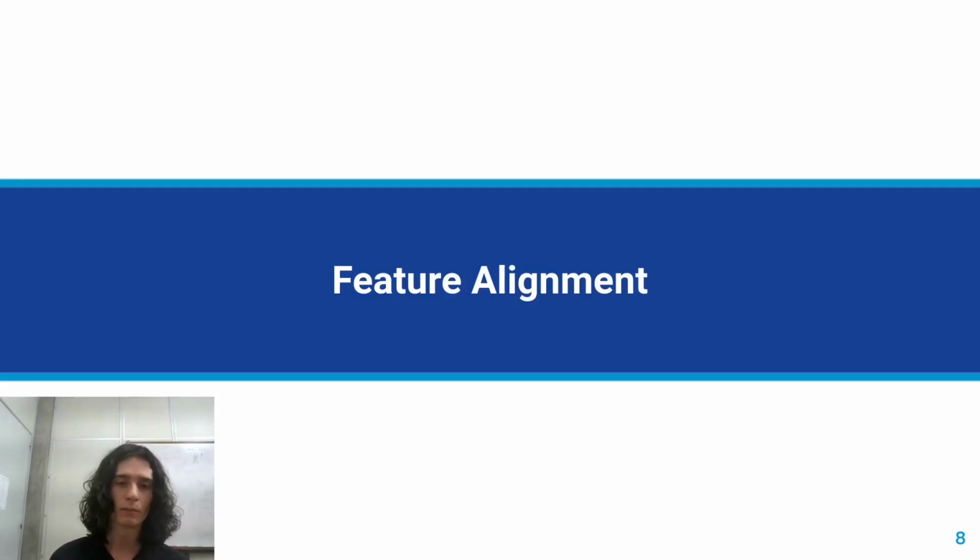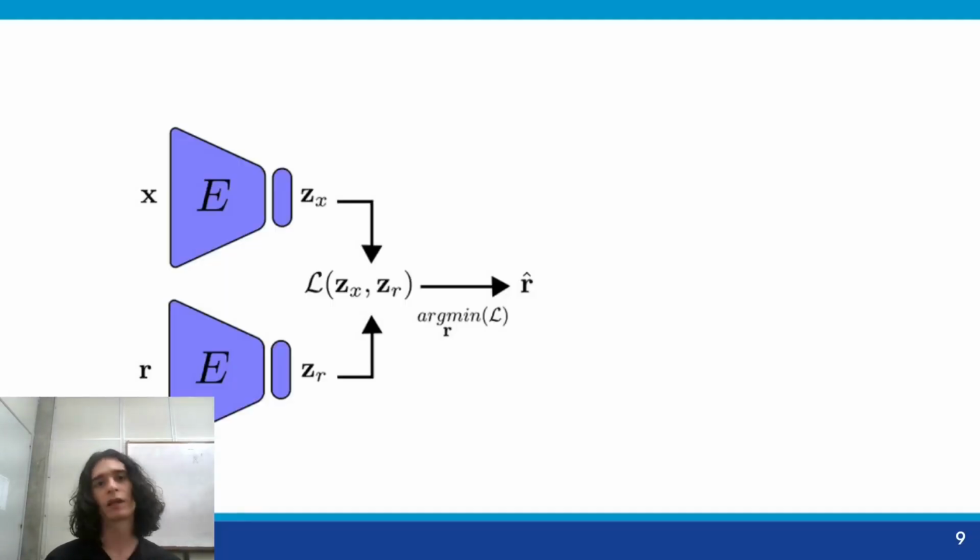Our proposed technique to train neural networks locally is based on a method called feature alignment. This feature alignment is used to approximate reversibility in neural networks. So this works by you have an input X and you have your neural network, here I call this network E, and you have the output of X, ZX.